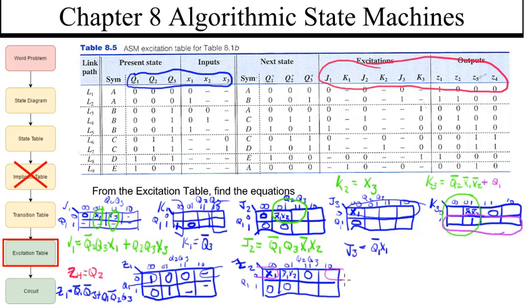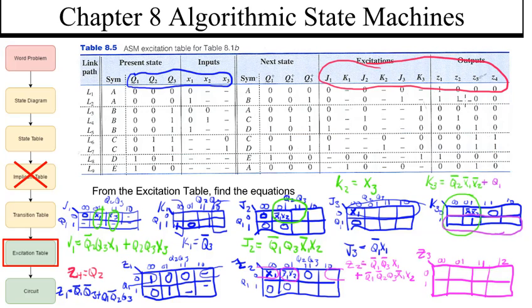I can make one. So Z2 is going to equal, or this guy is all by itself, so it's going to be a long one. X1 bar X2.